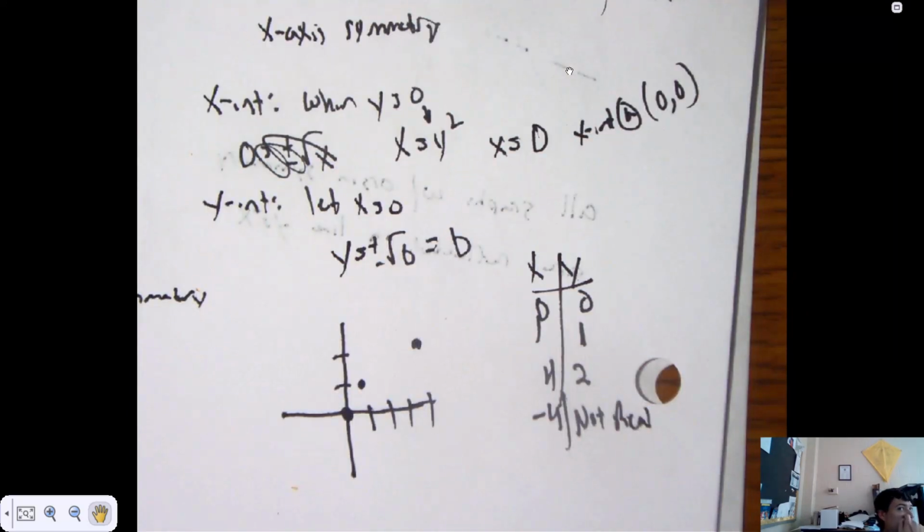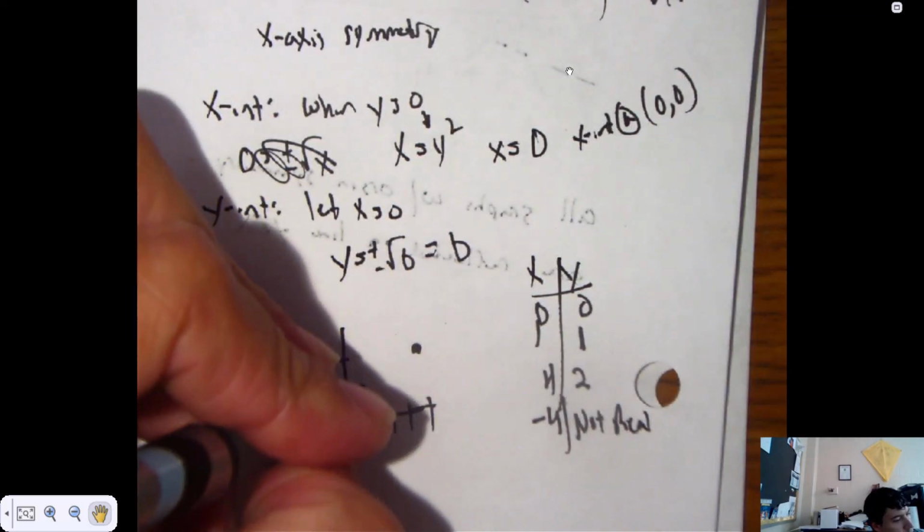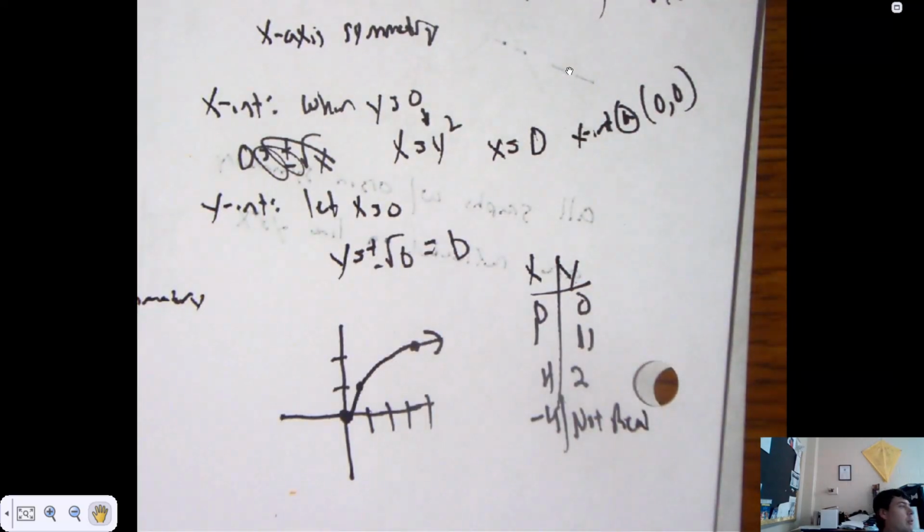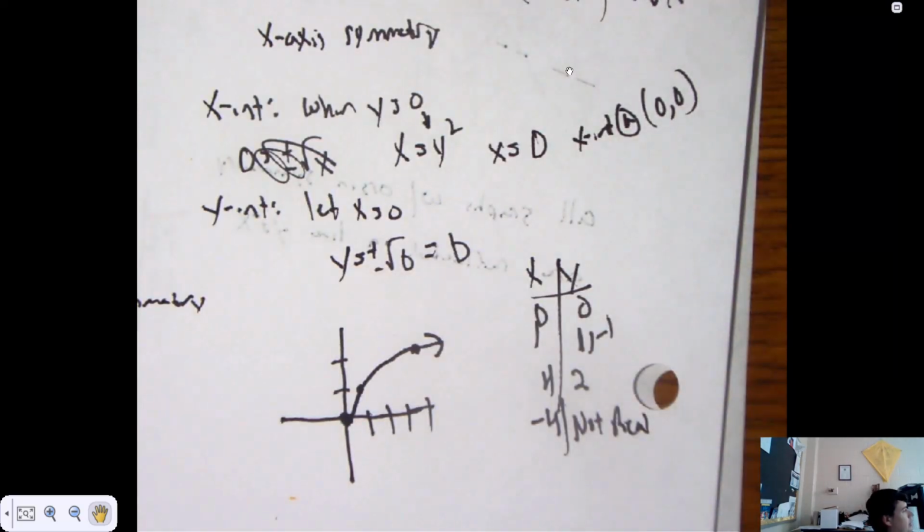But not only did we have a y value of 1, we also had a y value of negative 1. We have x-axis symmetry. Plus we had the plus or minus symbol. Not only do we have a y value of 2, we had a y value of negative 2 because we have x-axis symmetry.